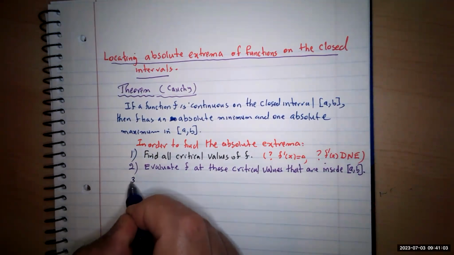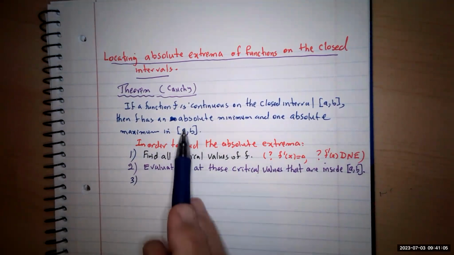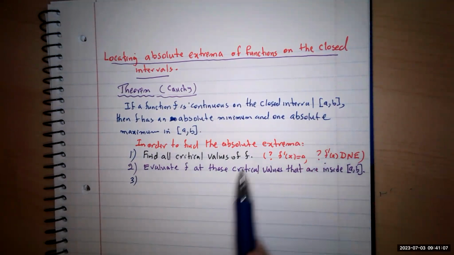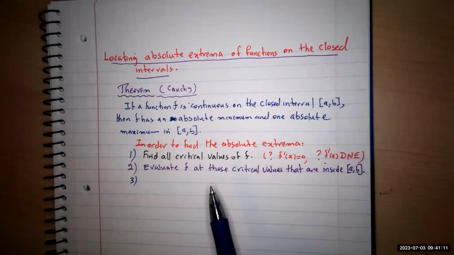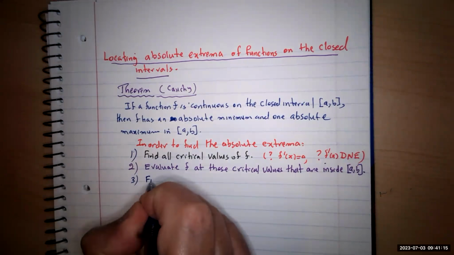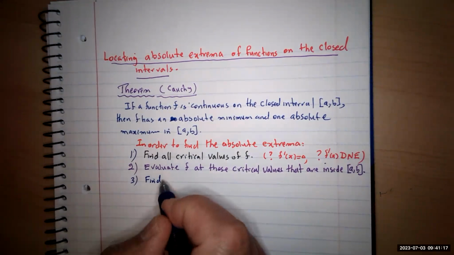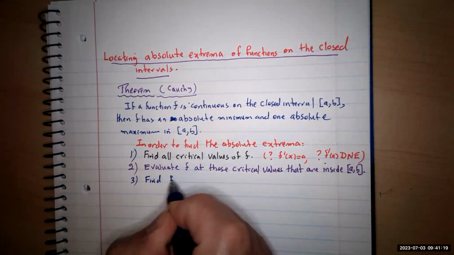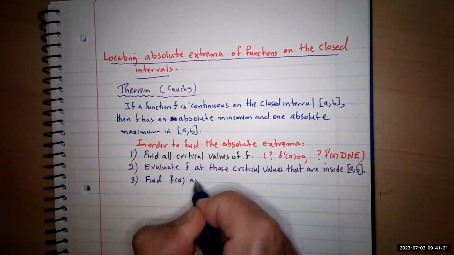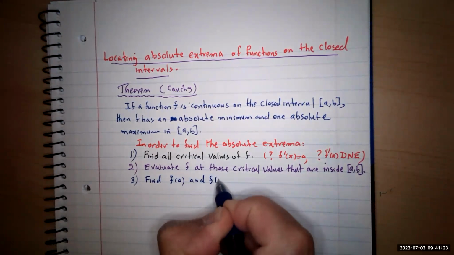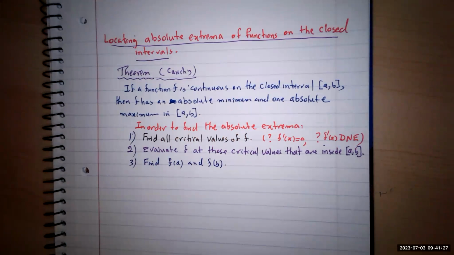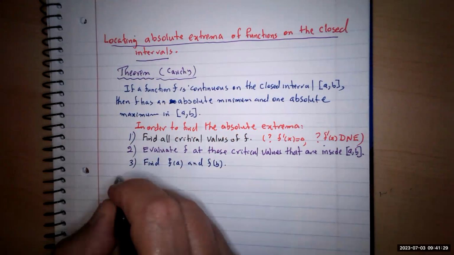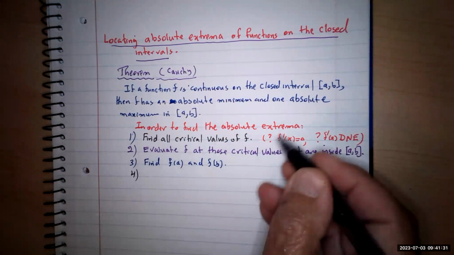So this is one source. The other source is the value of the function at the endpoints. You may get it there because when you differentiate, remember, we ignore a and b. So you find f(a), plug in, and f(b). That's it. Now we get a bunch of numbers, so compare them together, everything you got over here.